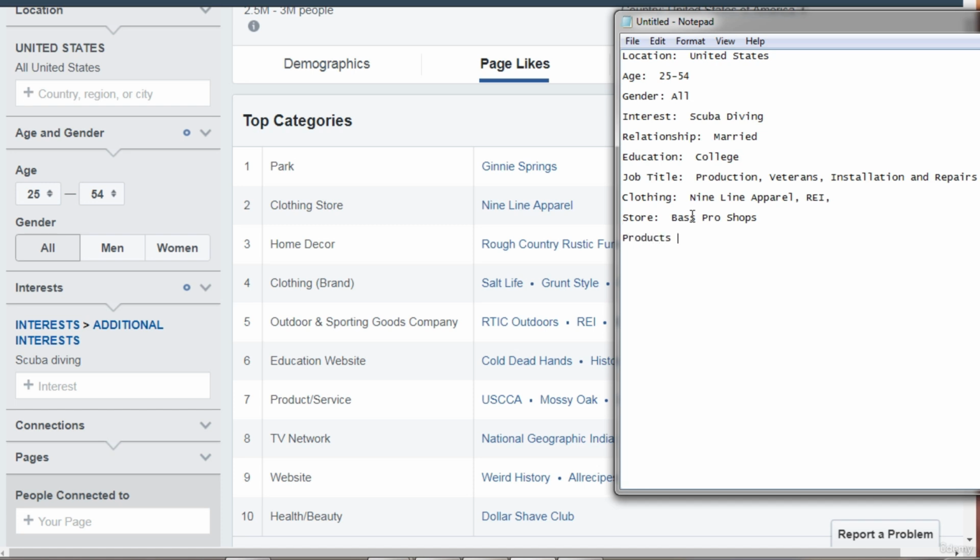What products do they buy? What services do they use? What websites do they visit? What TV shows do they watch? So they watch the National Geographic.